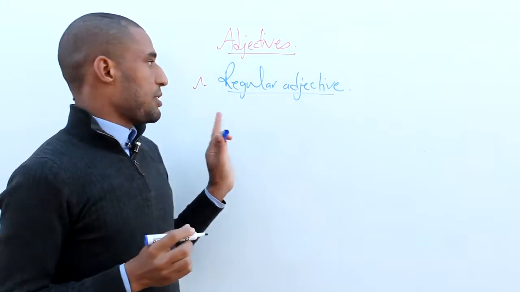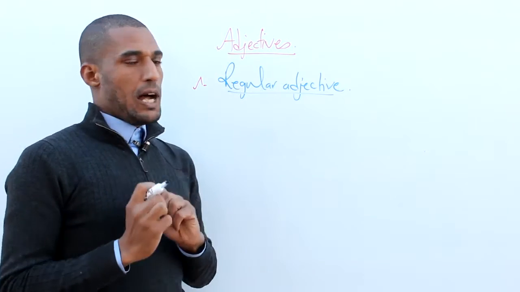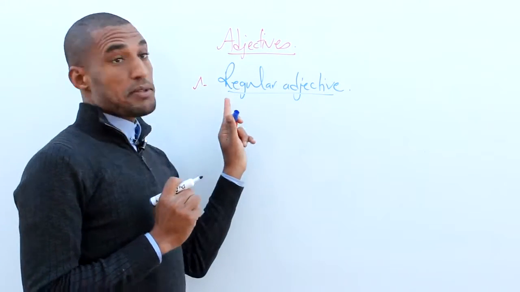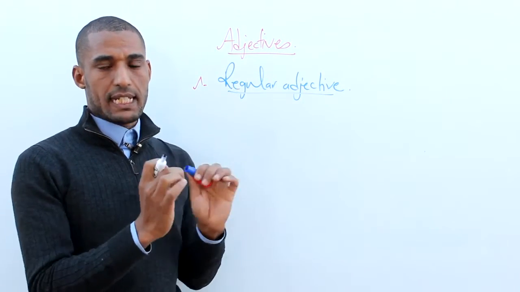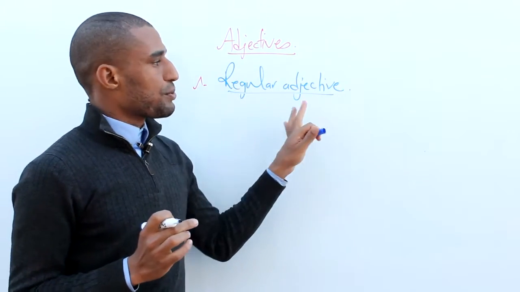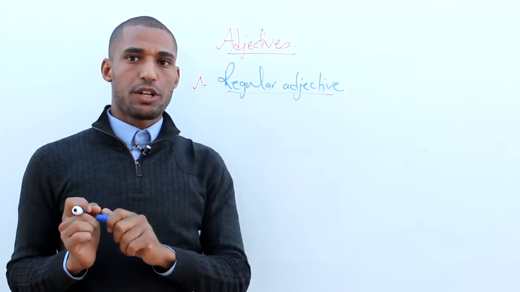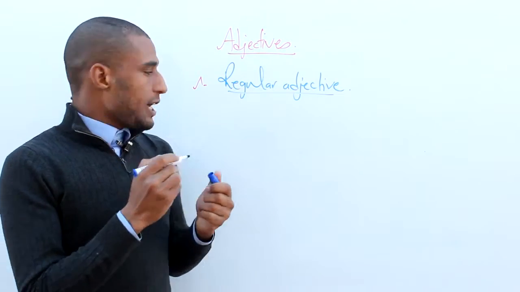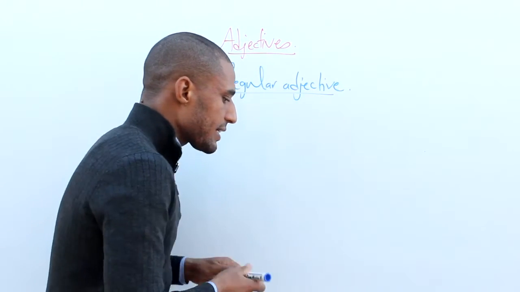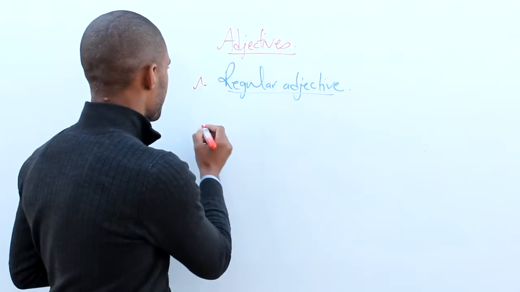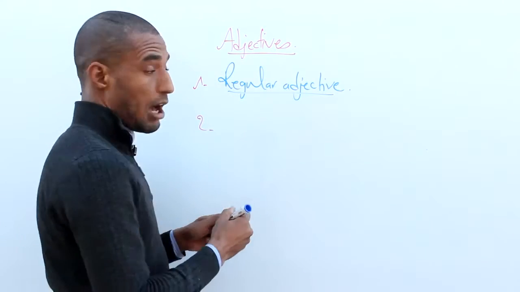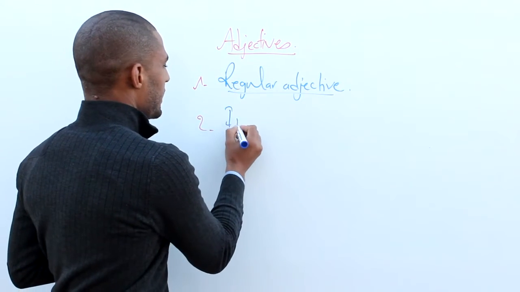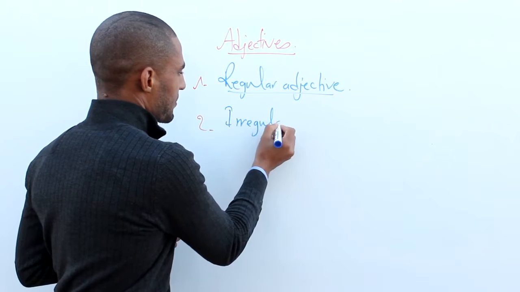Regular adjectives means adjectives that respect a particular rule in order to form the comparative, superlative, or the equatives. And we got number two, the second type of adjectives is what we call irregular. It's the opposite. It's irregular adjectives.